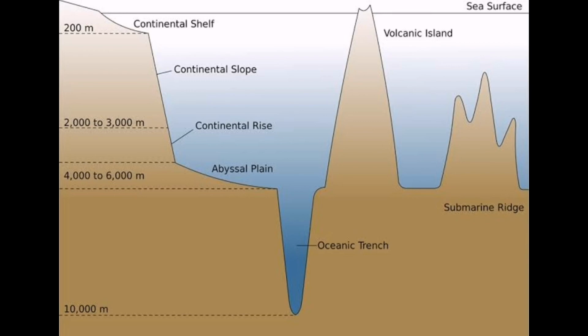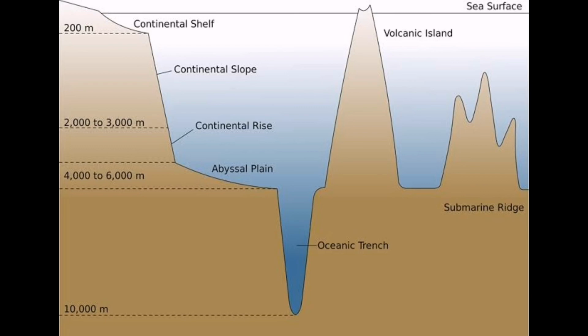Coming to the next is the abyssal plain. Can you see the abyssal plain? We don't have the continental rise here, directly coming to the abyssal plain. Beyond the continental slope lies the abyssal plain, which is the flat part of the seabed. Can you see? Suddenly after the continental slope, the slope has become like a plain, looking like a seabed.